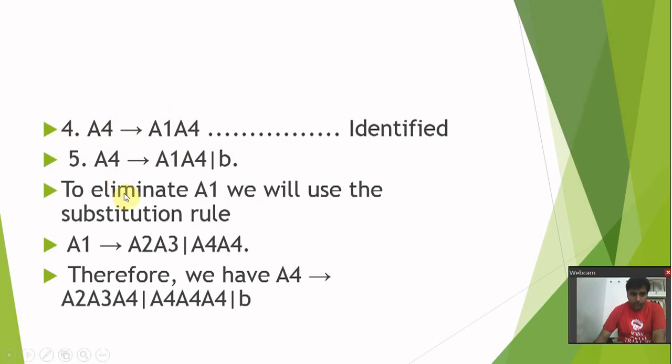Therefore, we have to eliminate A1 and we will use the substitution rule, which means that in the production A1 gives A2 A3 and A4 A4, we will put the value of A1 here. Therefore, we will have A4 gives A2 A3 A4 and A4 A4 A4, and of course the B will be carried down.